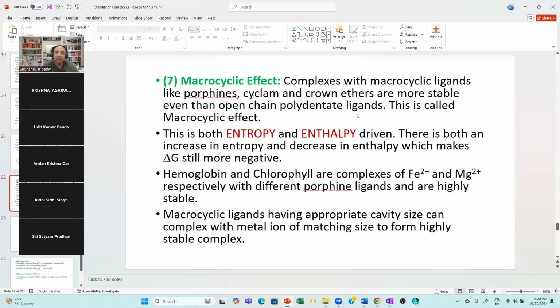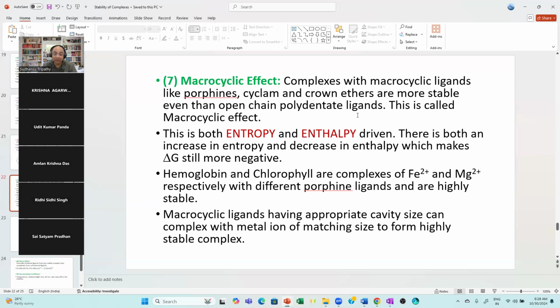These have a tremendous stability because these cyclic ligands, which are called macrocyclic ligands, have a cavity size which fits exactly to the metal ion. So that gives added stability to the complex.